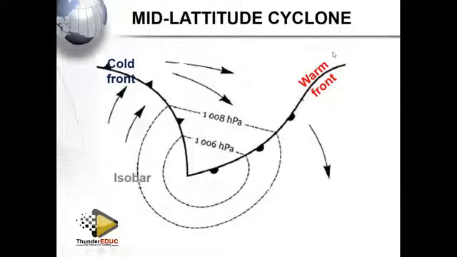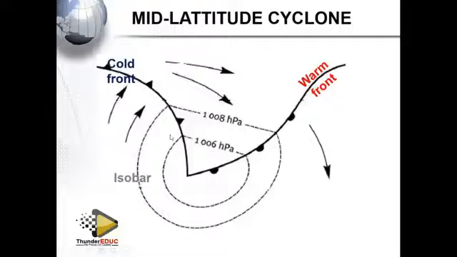Remember, warm is going to be red, it's a bit hot, and cold is blue because it is colder. But what is a cold front? By the way, we're talking about cold front, we're talking about warm front. A cold front is just going to be a parcel of cold air that is separating the warm sector from the cold sector.